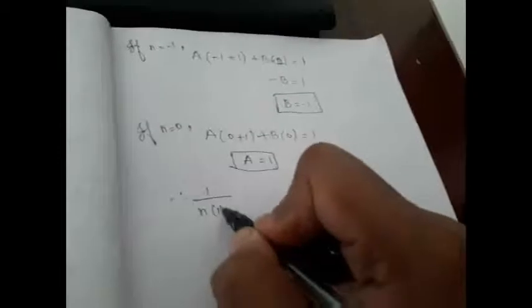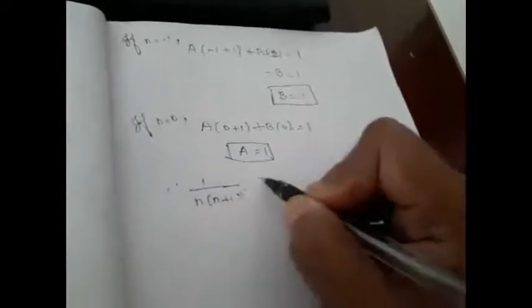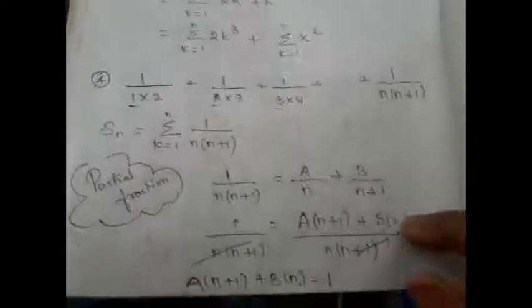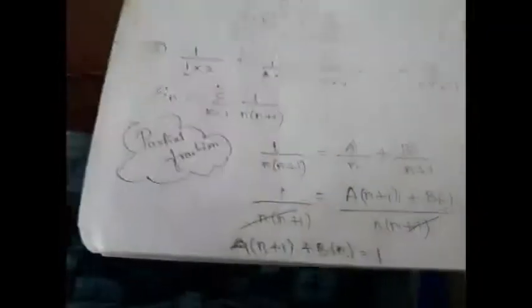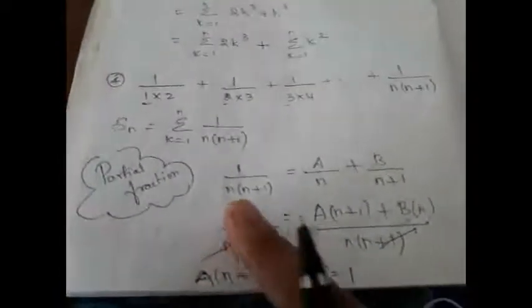Therefore 1 by n into n plus 1 can be written as 1 by n minus 1 by n plus 1. Yes, I have substituted the values of a and b here. This is the procedure of partial fraction. So if you have 2 or 3 distinct factors in the denominator, you can express it like this.